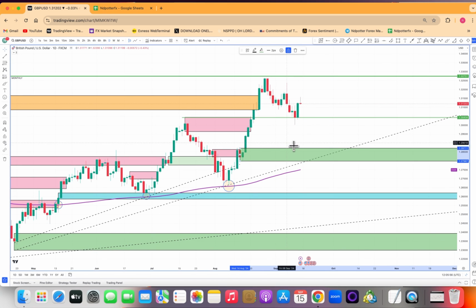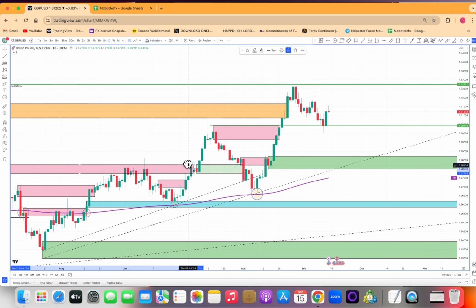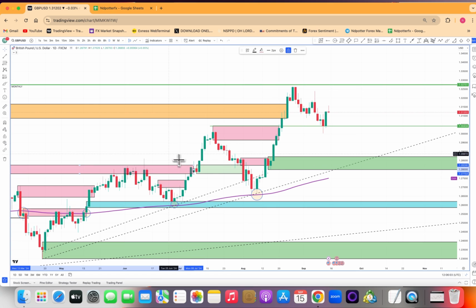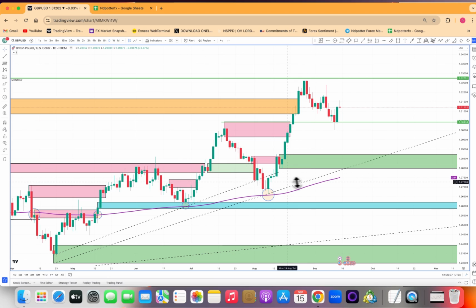Okay, looking at this chart right now, you can see that my chart is well marked out and clean, like always. So I'm going to start with what is happening currently on GBPUSD. Around this area is July 17th.